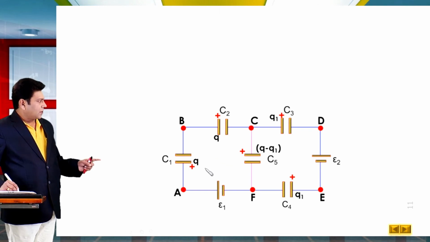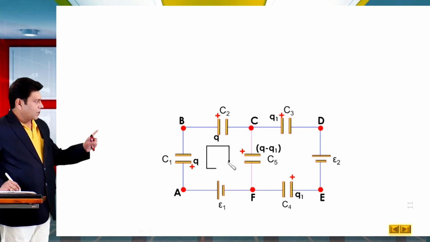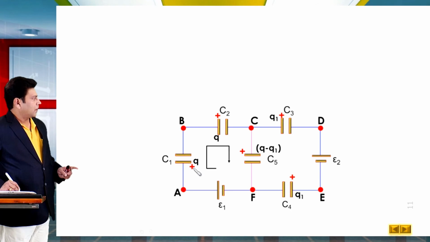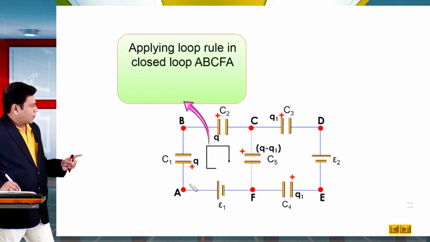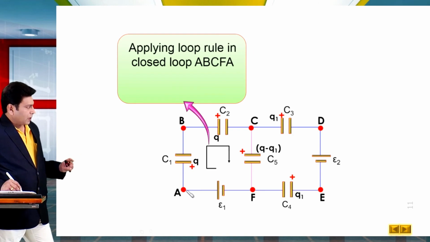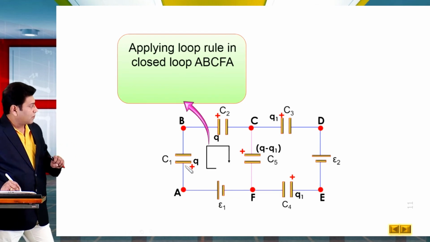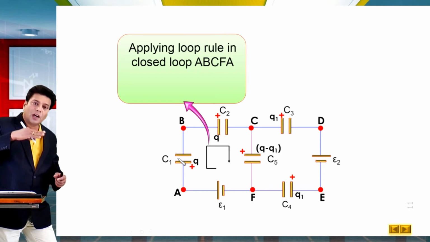So, let us take this loop A, B, C, F, A and move in the clockwise sense and start from point A, right. If we start moving from A, we will reach the positive plate of this capacitor C1, and if we cross this capacitor, that means we will cross from positive plate to negative plate, higher potential to lower potential.